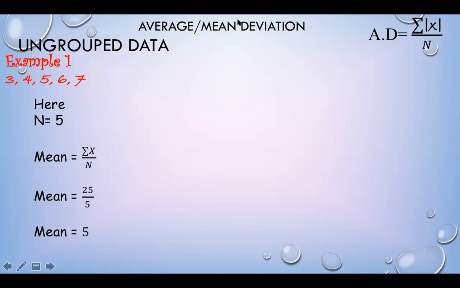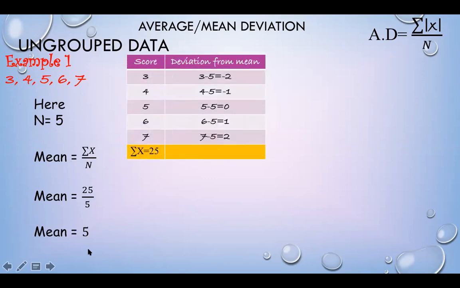Then in second step we have to calculate the deviations of each score from mean. That means 3 minus 5, 4 minus 5, 5 minus 5, 6 minus 5, and 7 minus 5. Here I have calculated the deviation of each score from the mean. There are some scores which are greater than mean, and there are some scores which are lesser than mean.